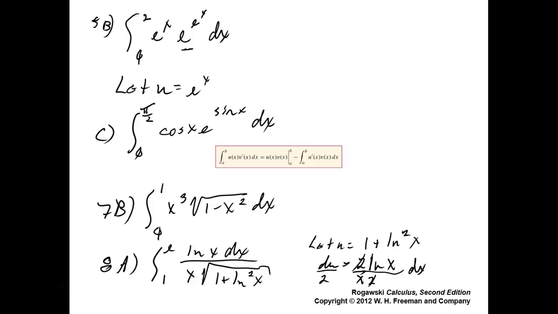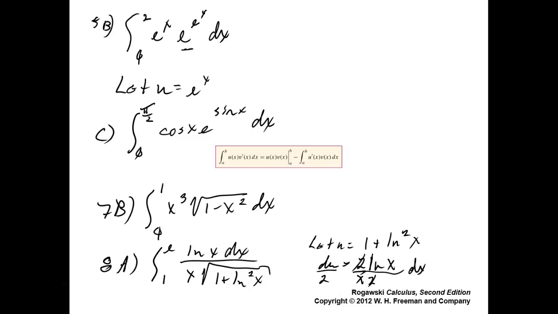Okay, then how do we write the next part using u? Well, what you have now, you'll need to change your limits. Your limits for x are 1 to e, and your u is equal to 1 plus log squared x.